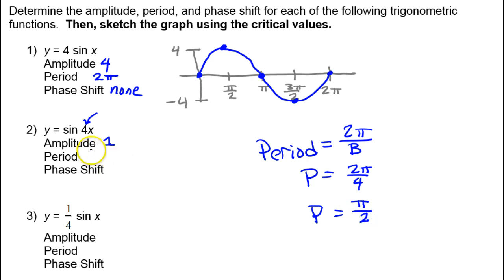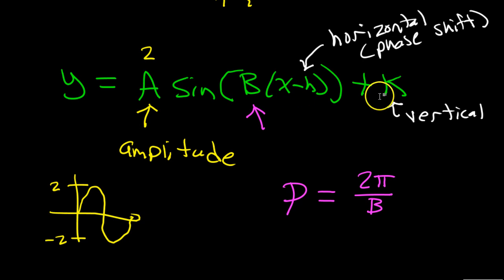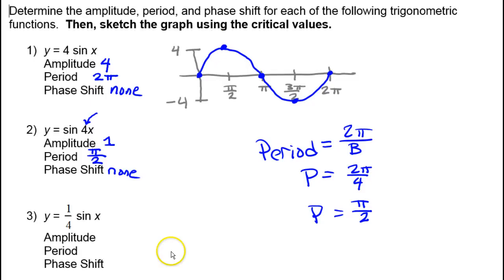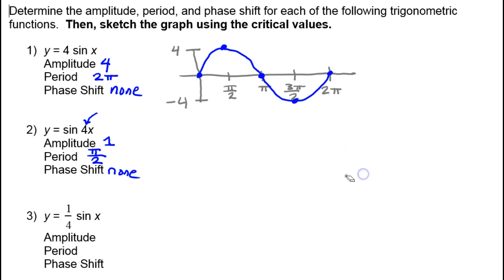So the period is going to be pi over 2. Again, there is no phase shift because nothing is being added or subtracted. So this should be enough information for us to draw the sketch.